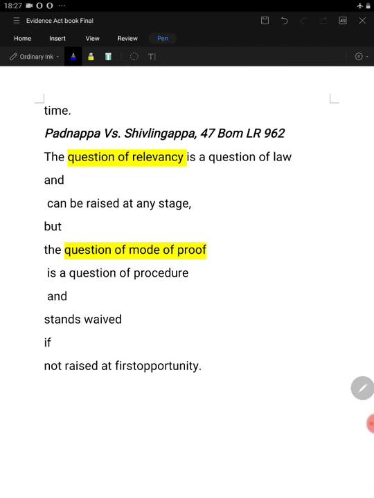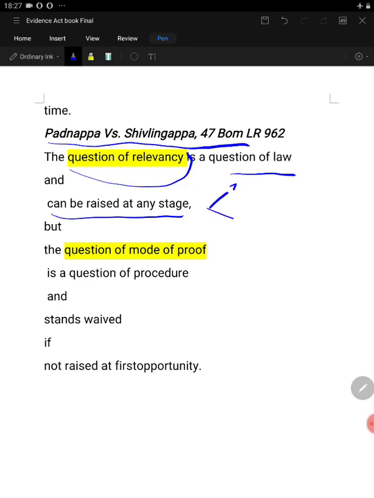In the case of Padappa versus Sivalingappa, it was said that the question of relevancy is a question of law, and it can be raised at any stage, whether in the trial court or in the appellate court.